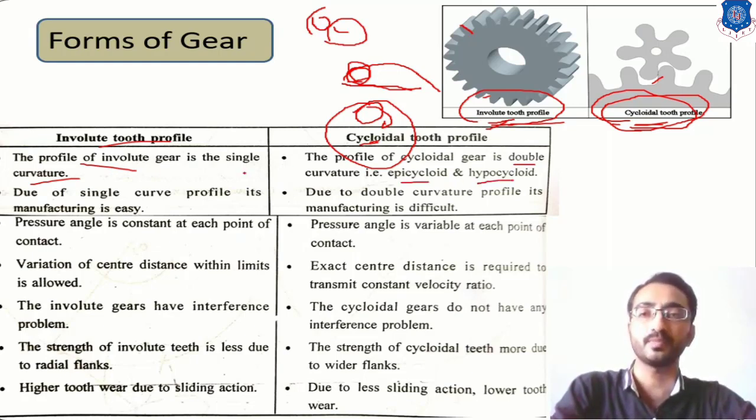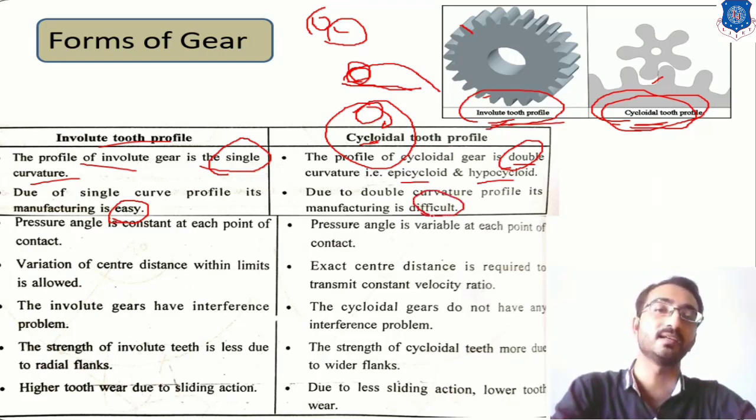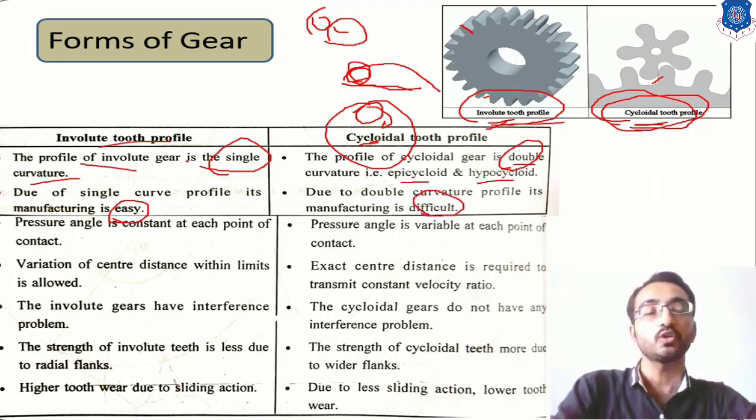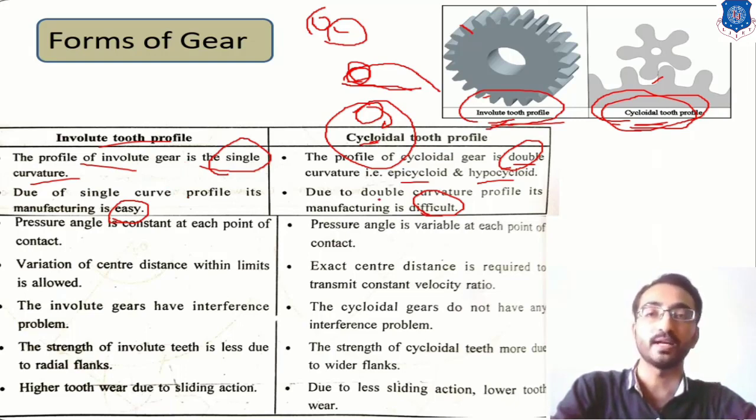It is very simple: if you have to use one type of curvature, then manufacturing is very easy, while more than one type of curvature will increase the difficulty level. So involute tooth profile manufacturing is very easy compared to the cycloidal profile.